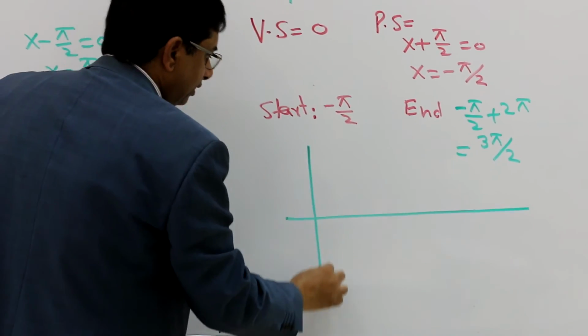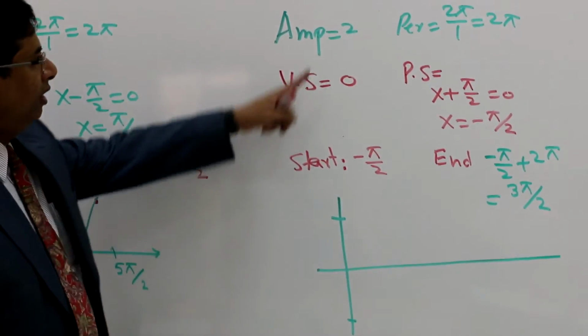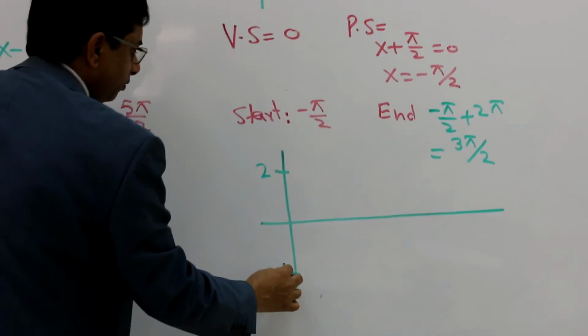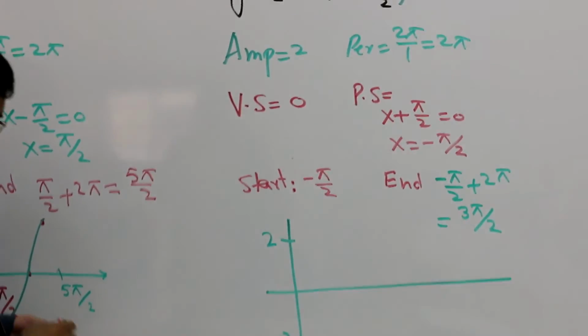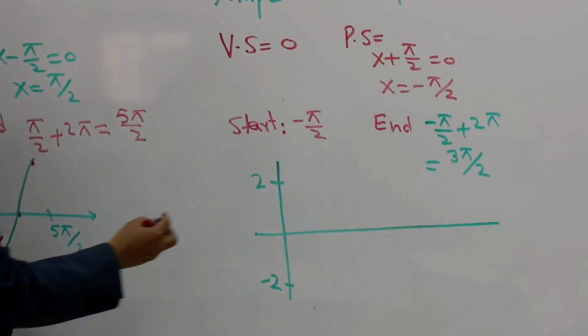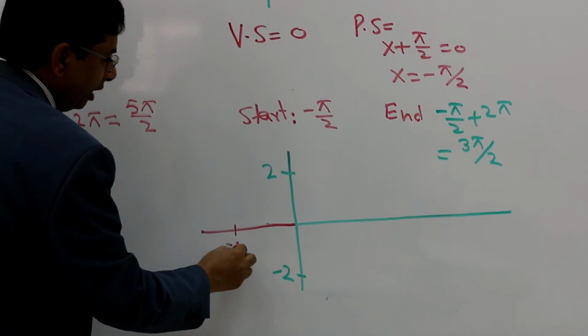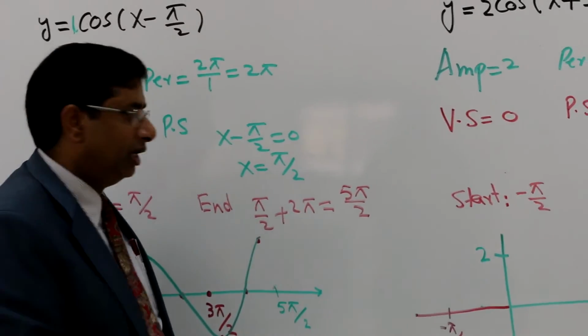Mark the axis, same fashion, same way. Amplitude is 2, so place this 2, and because it is starting from negative, I extend this side up to negative pi over 2. This is the starting point.